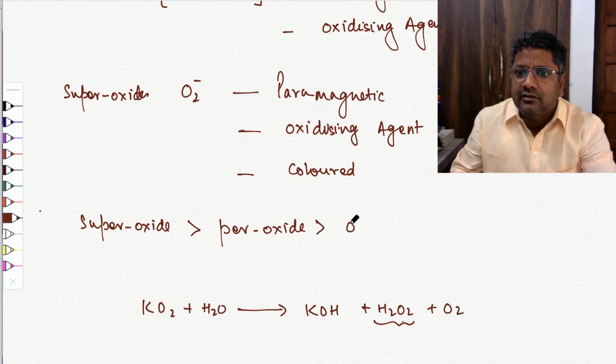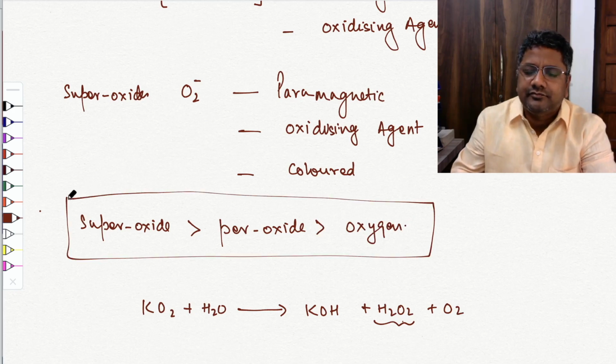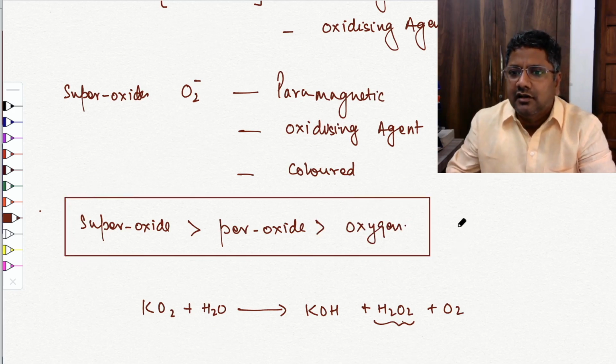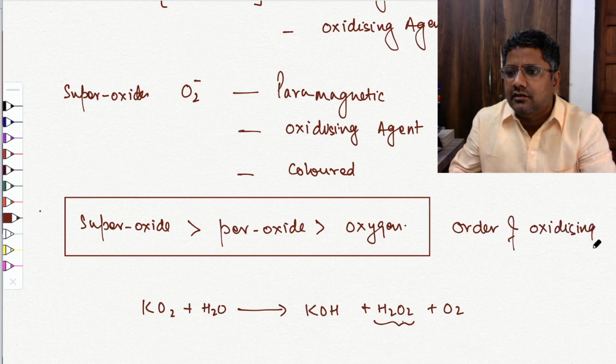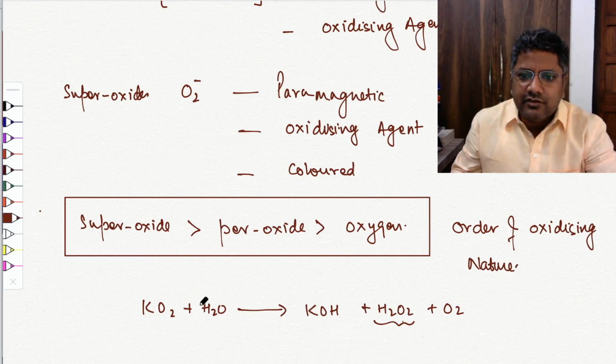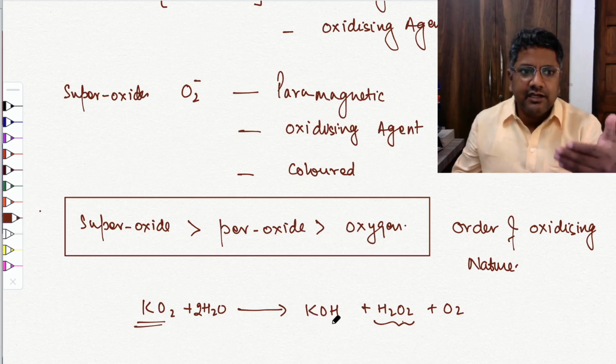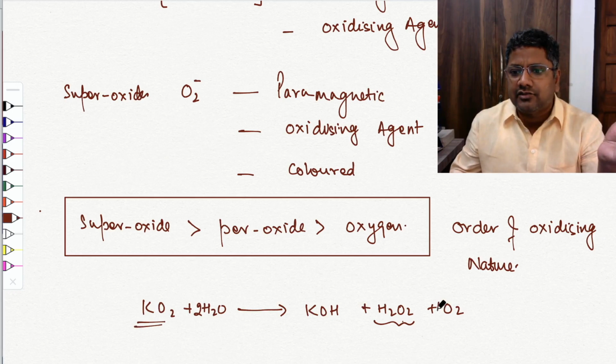So this is the order of oxidizing nature, right? Through this reaction, you can demonstrate that superoxides are better oxidizing agents than peroxide and oxygen, right?